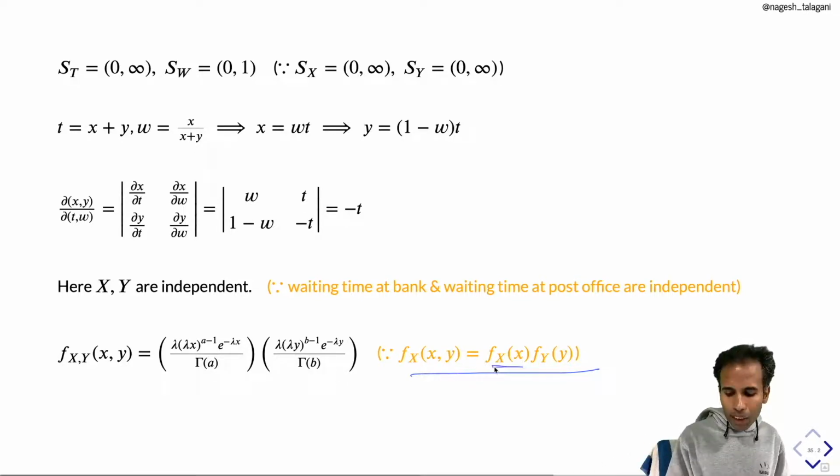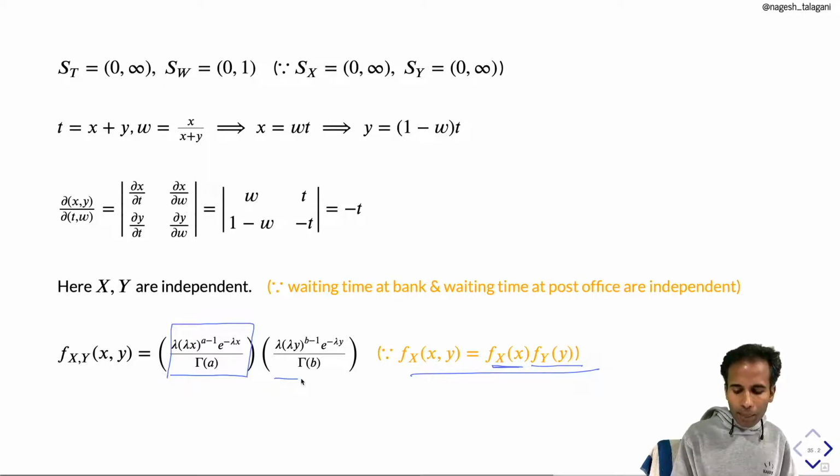So the PDF of x, f x of x should be lambda times lambda x to the power of a minus 1 e power minus lambda x by gamma a, and y follows the gamma distribution with the parameters b comma lambda. So the PDF of y, f y of y should be lambda times lambda y to the power of b minus 1 e power minus lambda y by gamma b. Okay, so this is going to be the joint PDF of x and y.